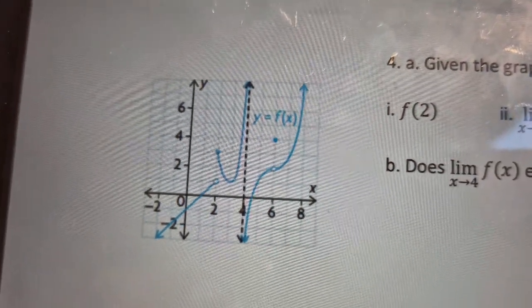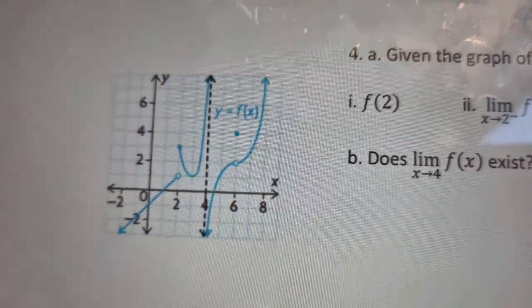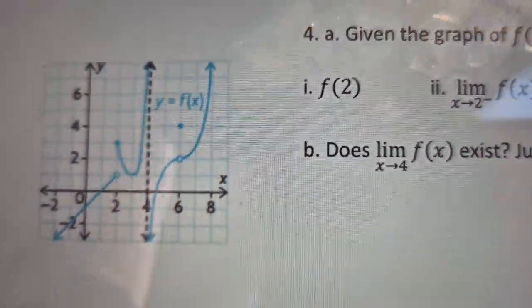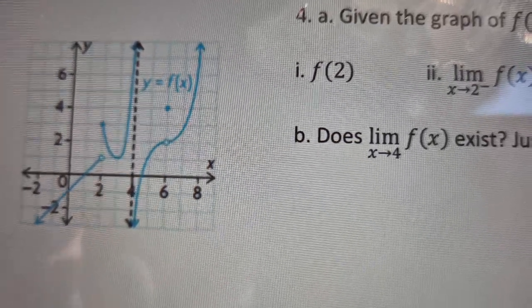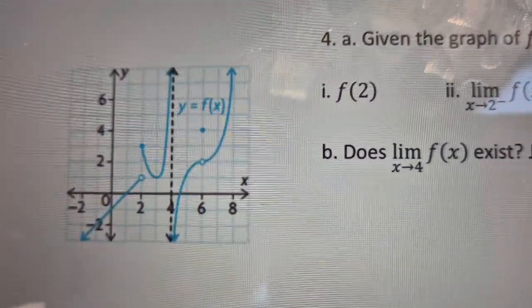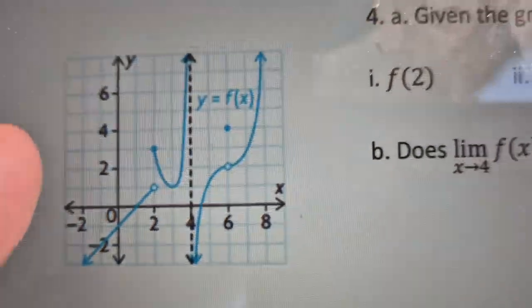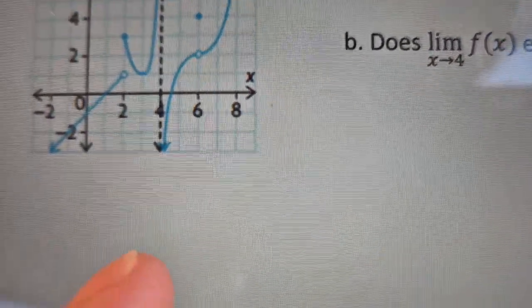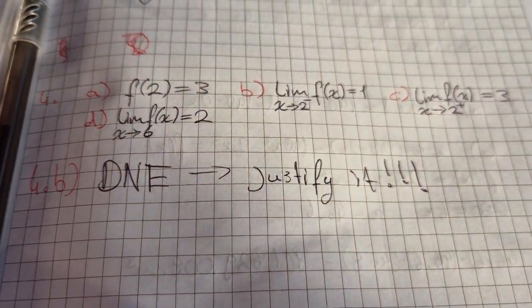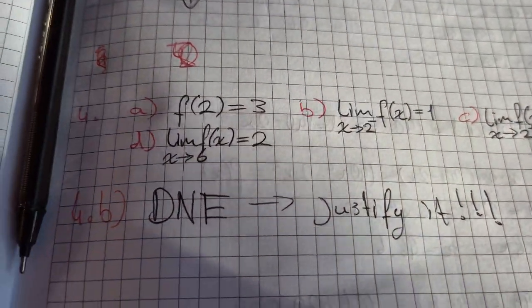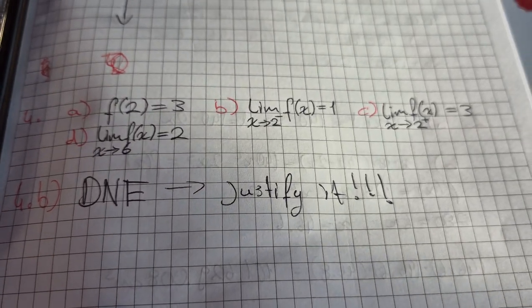I said it doesn't because there are two lines that approach point 4, and they are going to different sides of infinity. One goes to positive infinity and the other goes to negative infinity. So I said it doesn't exist because that doesn't give us any definitive answer when we try to make a limit.